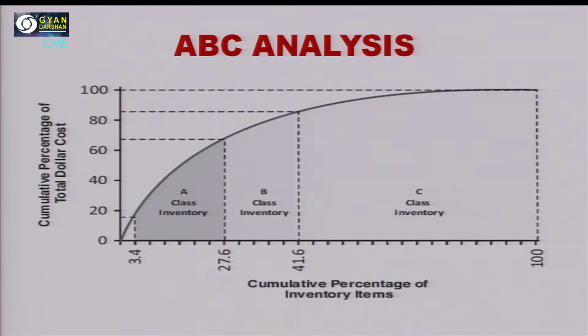Now let us see this figure. You can see that in A class, the number of inventory items is less, but they consume a huge value of the money. B is moderate, while C is a large quantity, but the value of the items is less. Now, why are we discussing it?